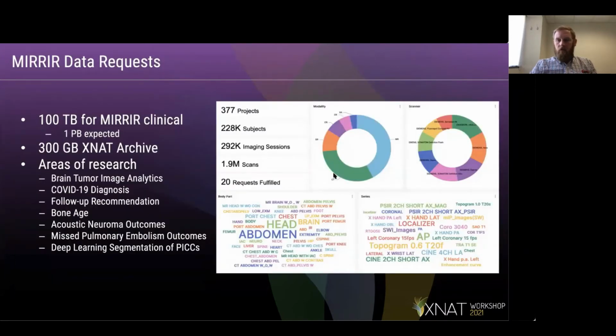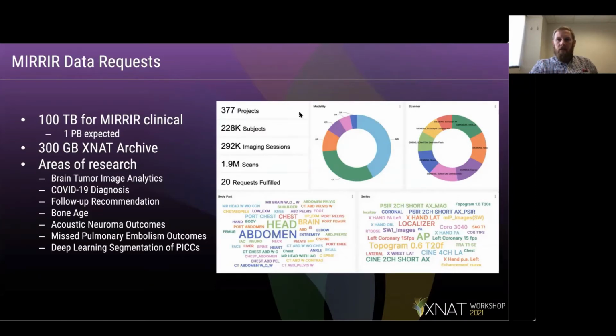And now we're over to the XNAT side of things. Well, quickly, right before, we have about 100 terabytes of fully identified clinical imaging, and since the aim is to get the whole hospital, we're expecting about a petabyte of data, and we currently have just about 300 gigs in our XNAT archive.